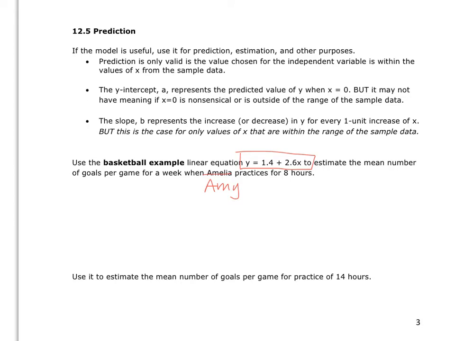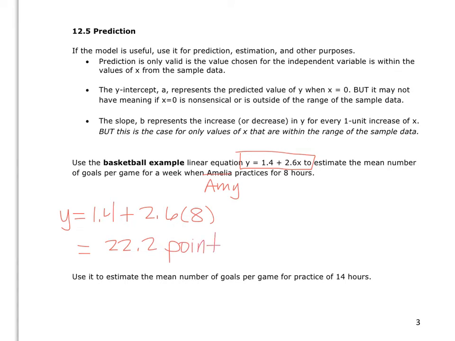So we can estimate points scored y by just plugging in 8 for x. That becomes a simple calculation: 2.6 times 8, and then we add that to the 1.4. That gives 22.2 points.